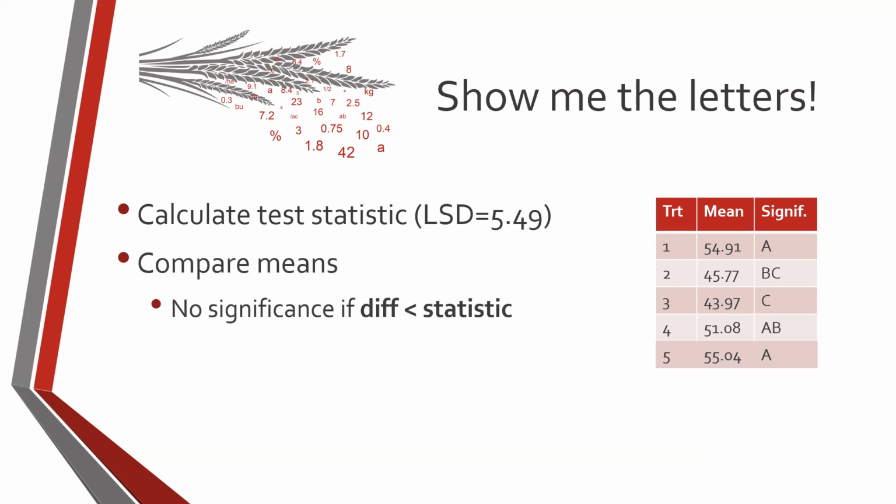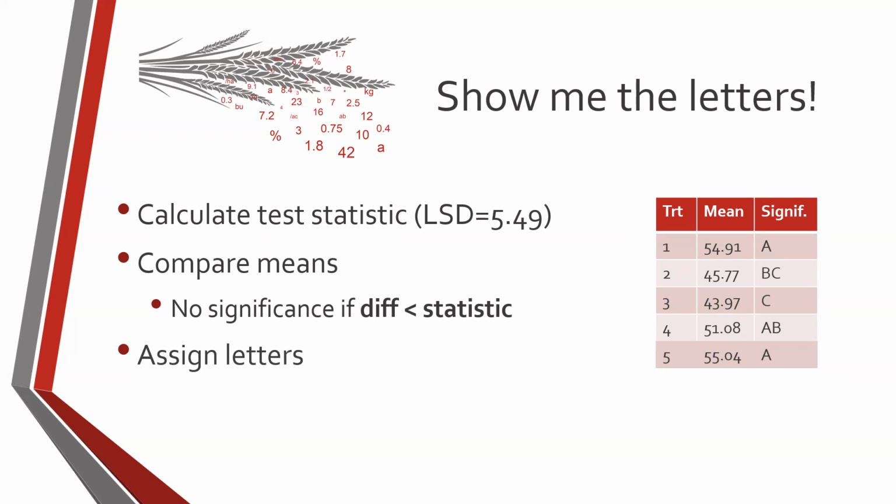Then we compare the means using that statistic. If the two means that we're comparing do not differ by at least the LSD amount, then they are not considered significantly different. They're too close together to really separate them.